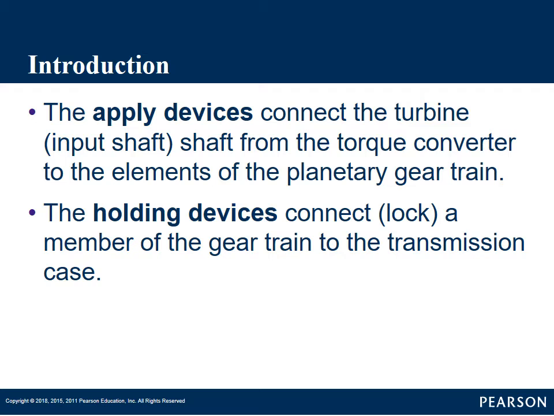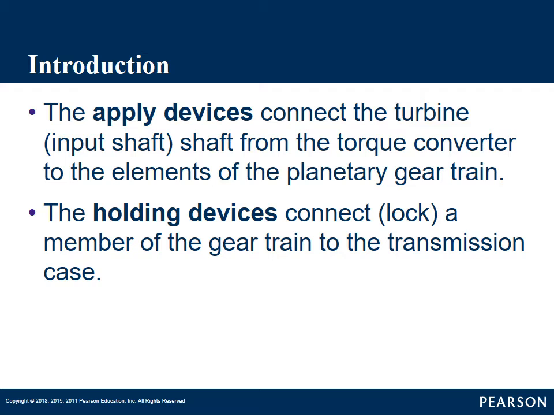And once the torque converter starts coupling, it directs power from the engine, from the turbine of the converter through the input shaft, and then that power is then directed into the transmission through clutch packs and bands and through the gear sets.